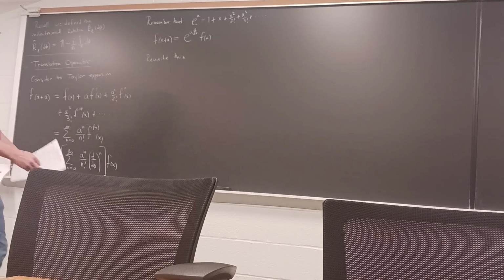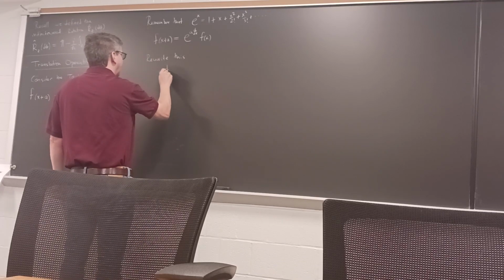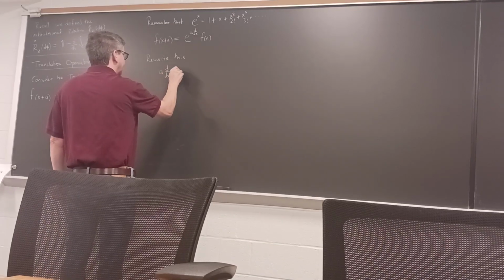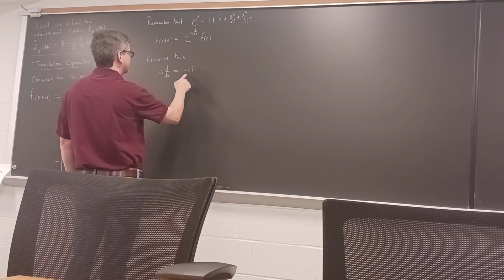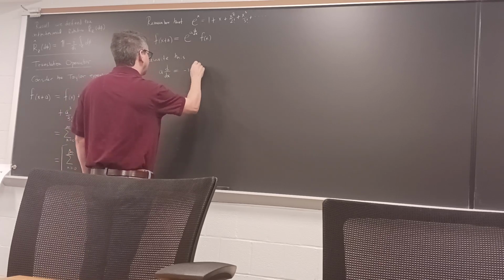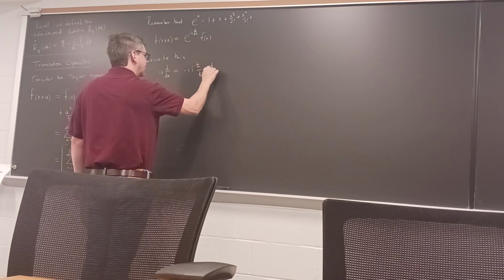Okay, so let's just rewrite part of this. I want to write a d by dx. I want to write this as minus i times i. So that's minus i squared, that will give me 1. And then I want to put in a couple of h bars, a d by dx.